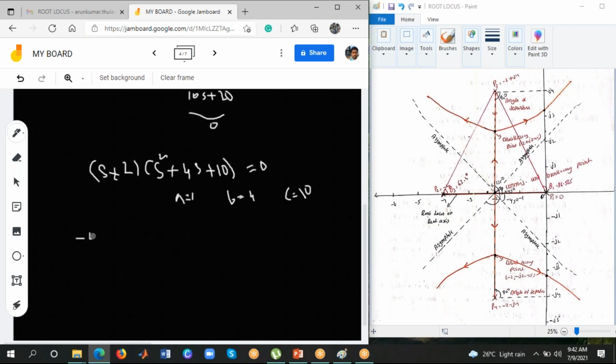Minus 4 plus or minus square root of 16 minus 40, divided by 2a, which is 2. So we'll get minus 2 plus or minus j 2.45. So what is the value of root 24?